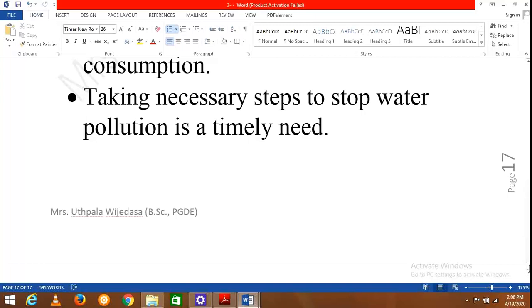If I summarize, in the third unit, we were discussing water as a natural resource. We learned that there are three states of water. Then we discussed examples for the three states of water in solid state, liquid state, and gaseous state. And we discussed certain activities as well. After that, we mentioned the types of water based on availability: precipitation, surface water, and groundwater.